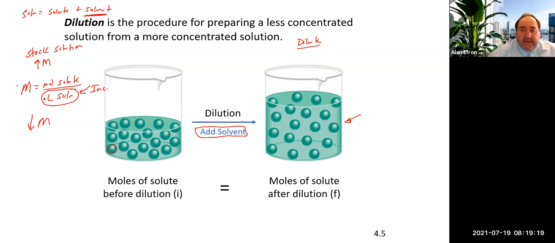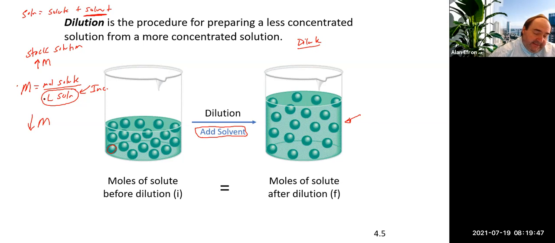It watered it down, and it's become more dilute. So the same idea here. Whatever you had in terms of syrup and the other stuff in your soda was still the same, beginning and end. The only difference was that water was added from the melting ice. The same idea here: we just add more water or solvent, and that decreases the molarity.